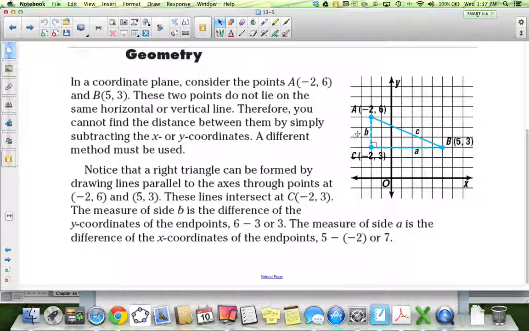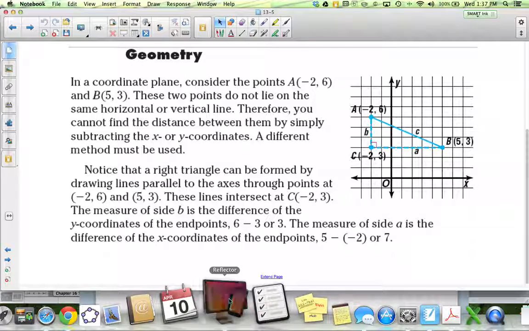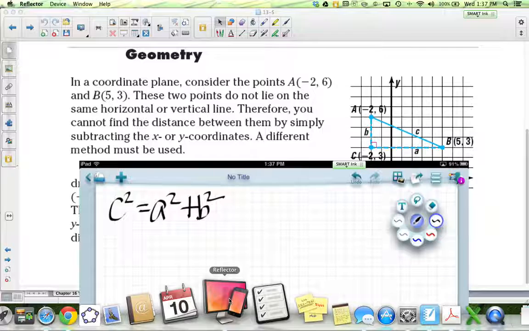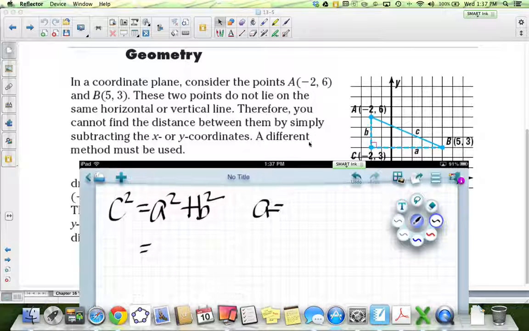Now we have a right triangle, and we can use the Pythagorean theorem to find the distance C. Here is our Pythagorean theorem, where side A is equal to 6 minus 3, which is 3, and side B is equal to 5 minus -2, which is 7.